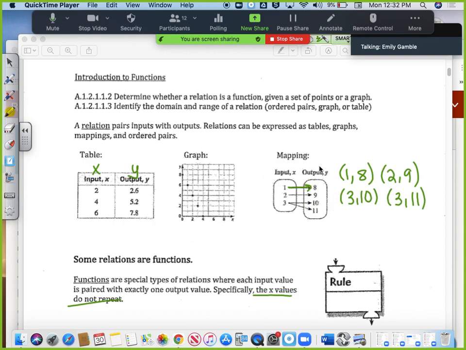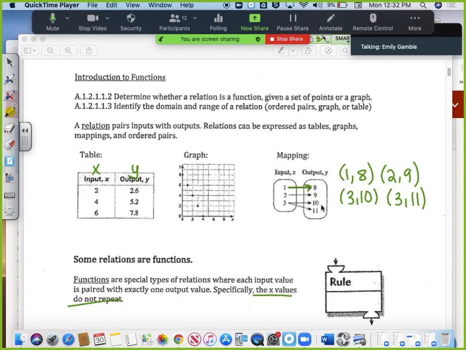Let's look at the mapping diagram. 1 to 8, 2 to 9, 3 to 10, 3 to 11. Did any of the x values repeat? Yes, the 3.